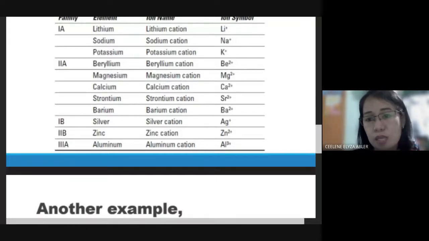That is why nutritionists and dietitians are very familiar with barium cations, because they are used for radiologic processes for a person's digestion. Okay, we have the silver cation and the zinc cation. These are also among the ones we use.